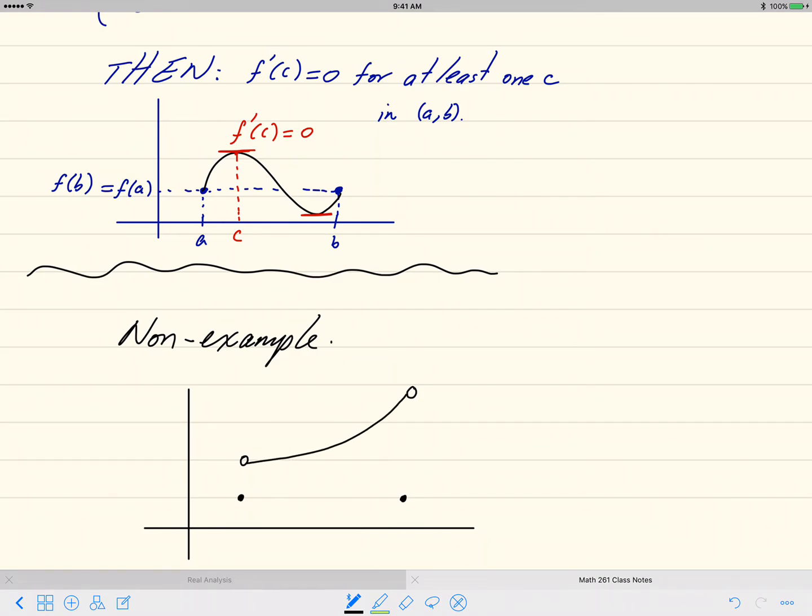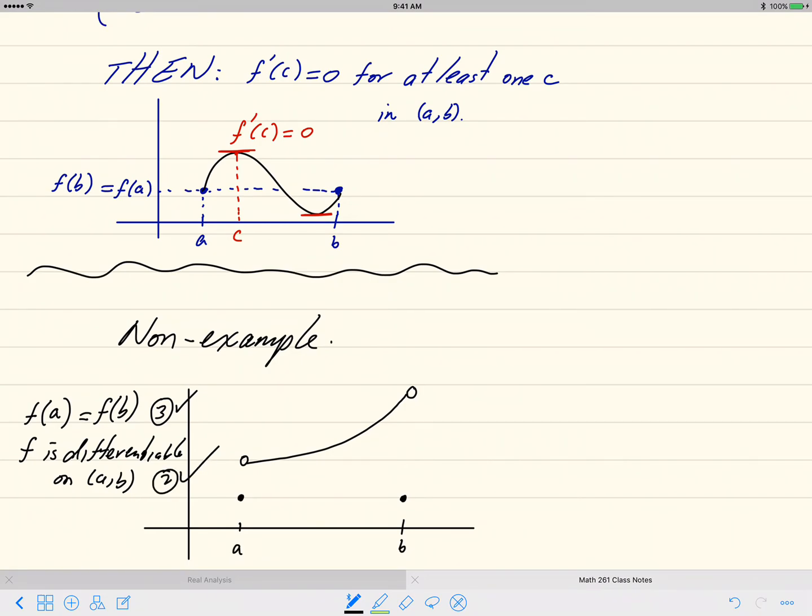So here's an example of a function where, if this is a and this is b, f(a) equals f(b). So the third property is satisfied. And f is differentiable on the open interval (a, b), so the second condition is satisfied.